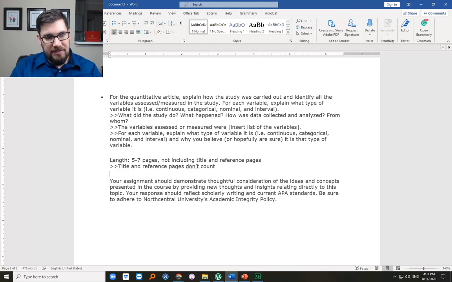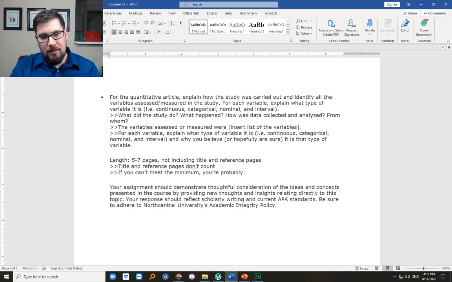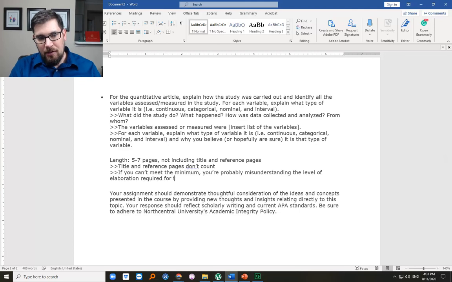The only thing to note here is that title and reference pages don't count. So if you have 3 pages but you add a title page and 1 reference page, then you still don't have enough. So generally the way I feel about page minimums is if you can't meet the minimum, you're probably misunderstanding the level of elaboration required for the assignment.